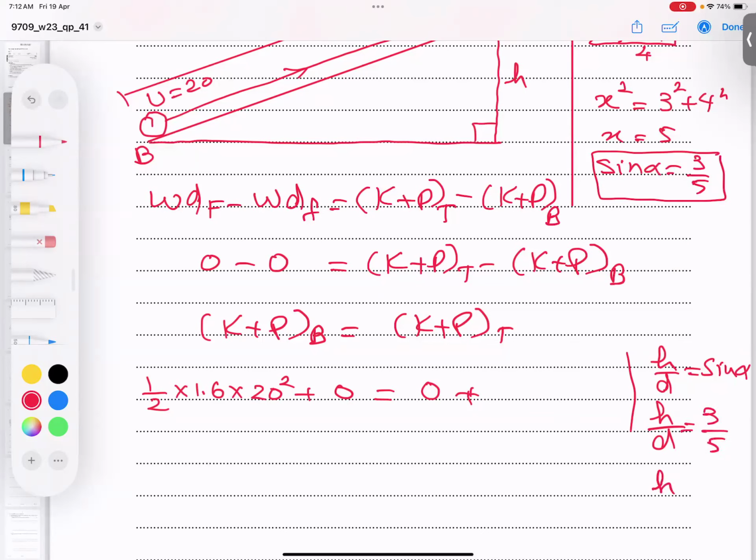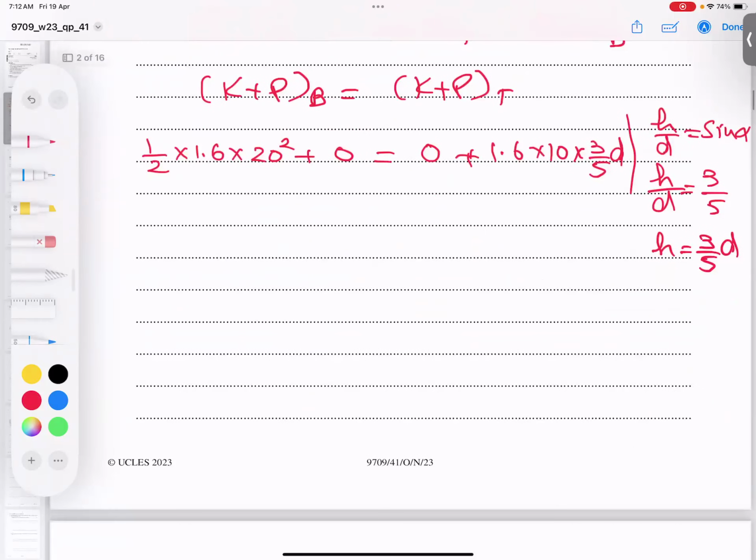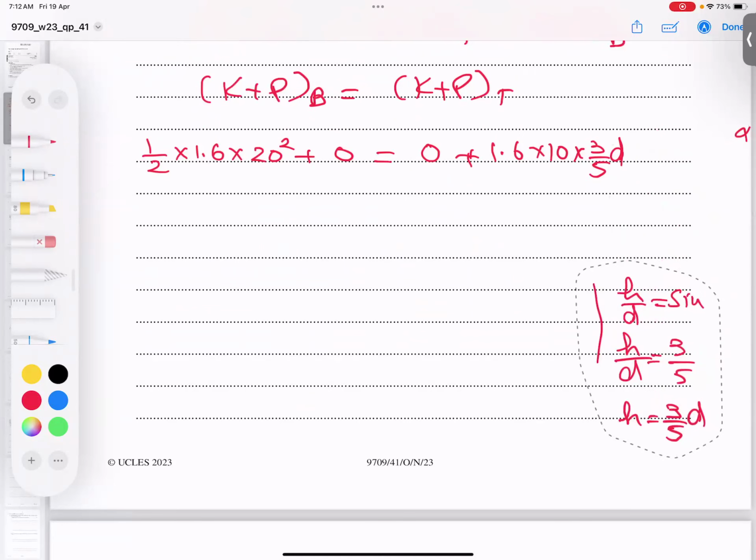So the height turns out to be 3/5 times d. Now what is the potential energy? mgh: mass is 1.6, g is 10, height is 3/5 times d. I think now, students, this is all okay. This part is clear.